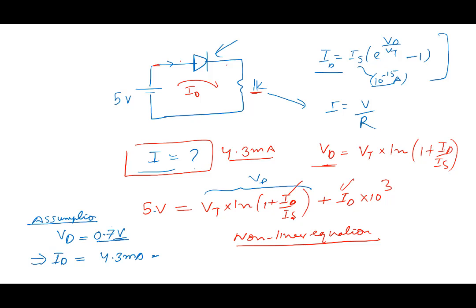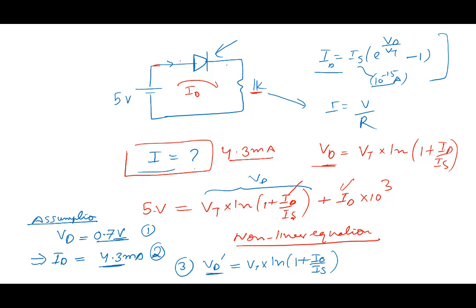We put the value of ID back in the equation, VD equals VT ln, and then we find the value of VD. So he's saying this is step 1, this is step 2. Then in step 3, we calculate the new value, VD dash, equal to VT ln 1 plus ID by IS, depending on the ID that we just calculated.